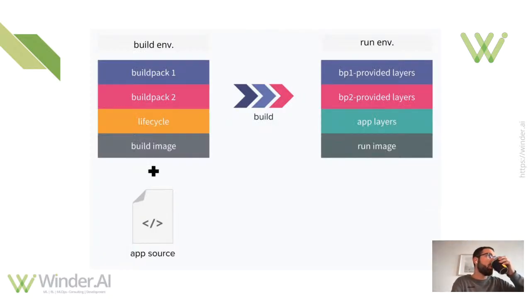What happens is the platform is going to inspect the code, and the process is split into two stages. On the left-hand side of this diagram, we have a build environment, and then we have a run or app environment.